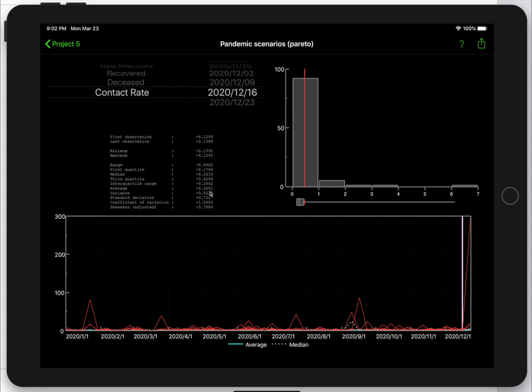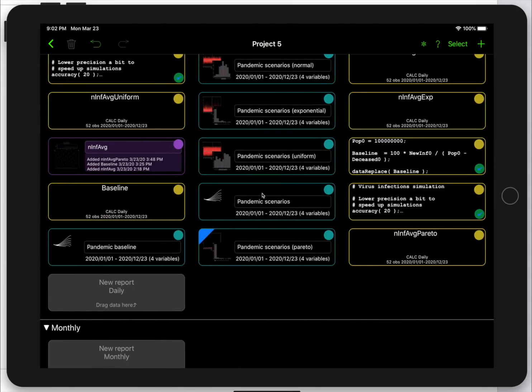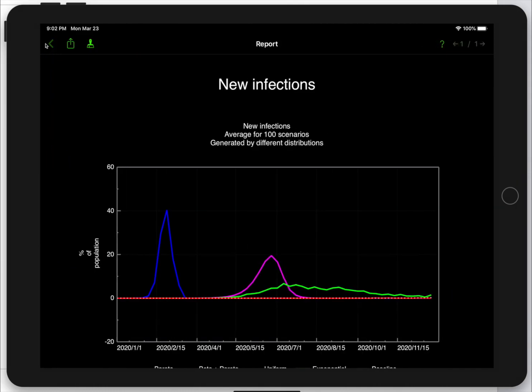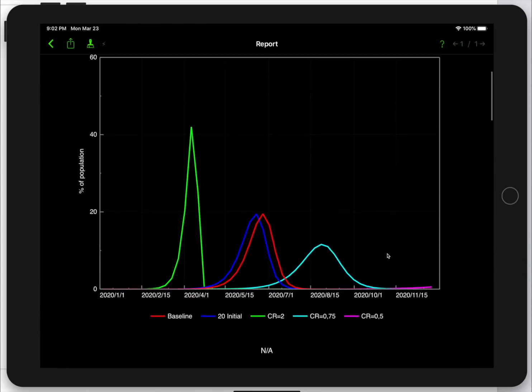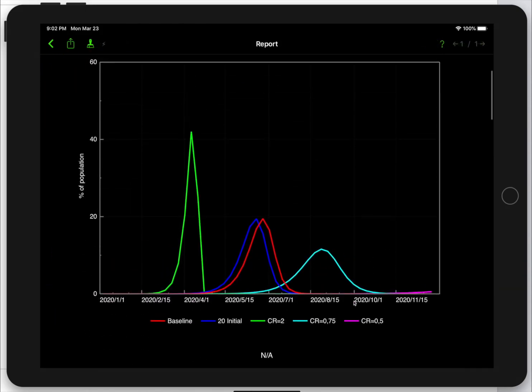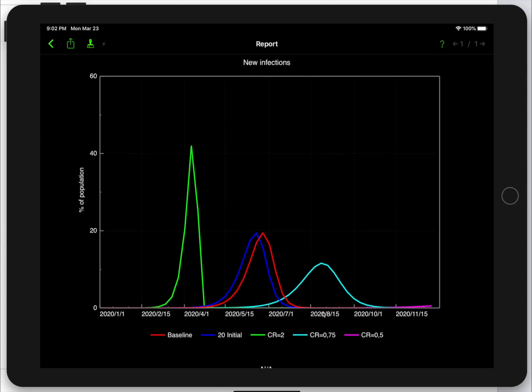So every now and again there's a month with a low contact rate, a week with a low contact rate, and in the end those combine together to really keep the thing under control. Which is the same as we've seen in this report where we looked at the different contact rates. So every now and again we have a low contact rate outcome, and they combine so much so that in the end these things are flattened, if you want, dramatically. Without intervention, they actually do become quite flat if you vary this.